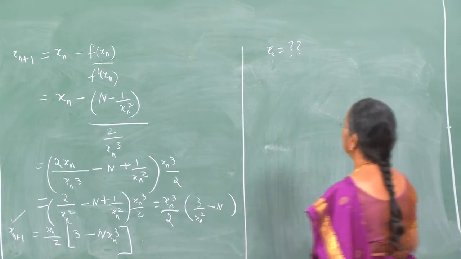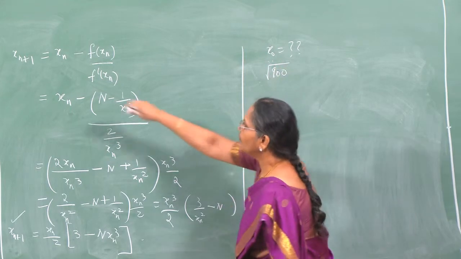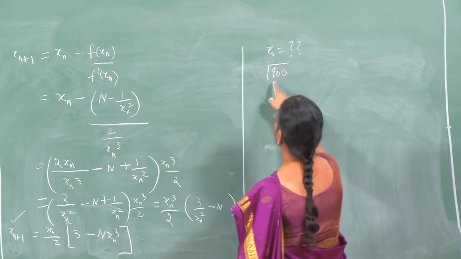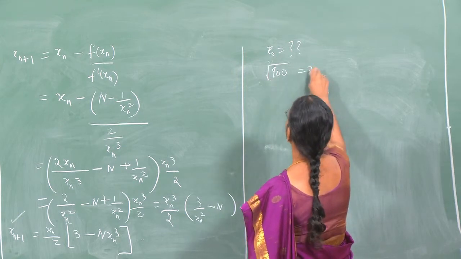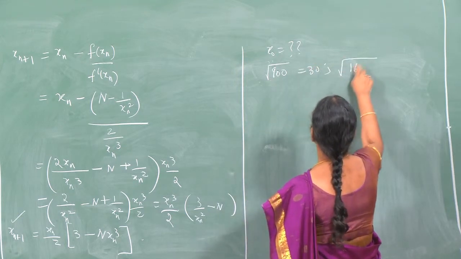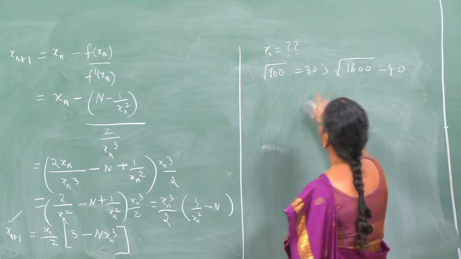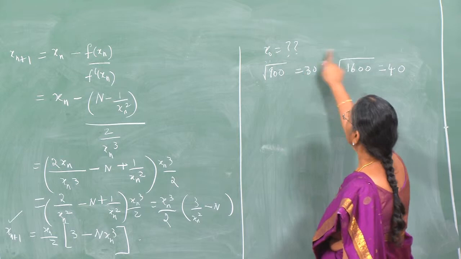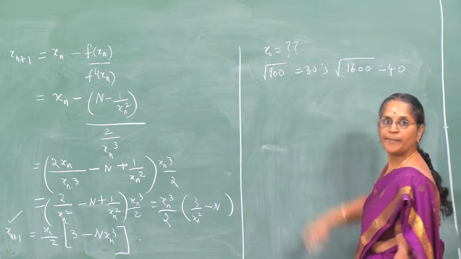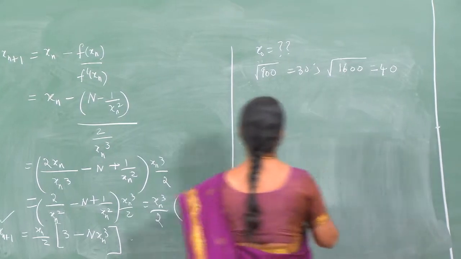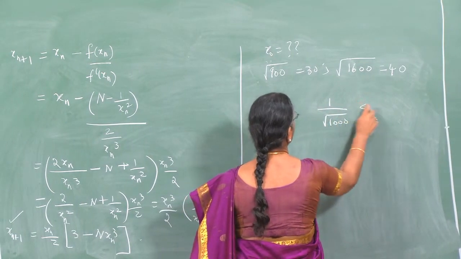So, we know that we require root of 1000. So, let me start with square root of 900 is 30 and square root of 1600 is going to be 40, and so root of 1000 will lie between 30 and 40, and therefore, I require 1 by square root of 1000.